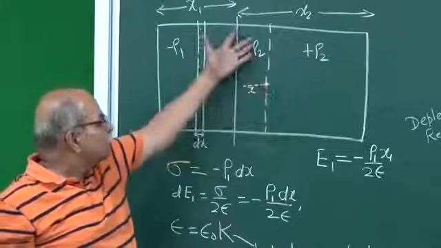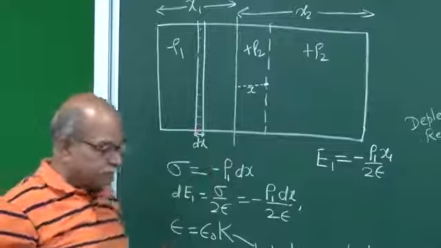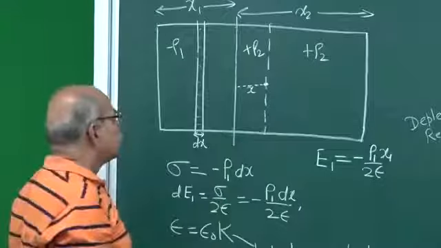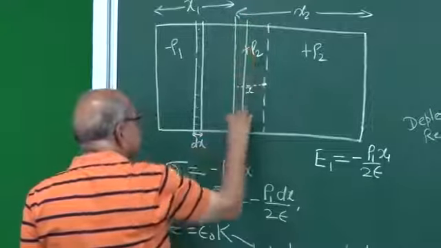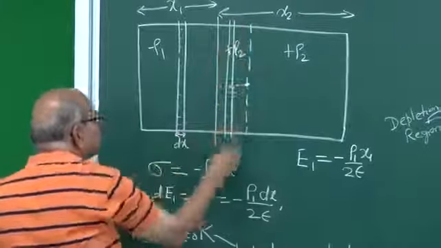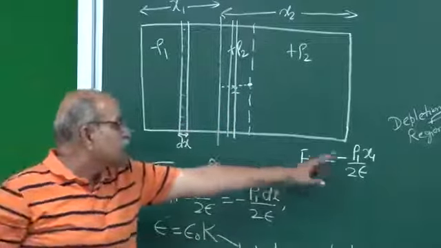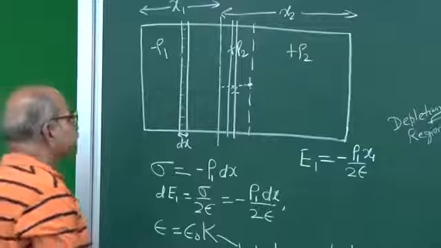Once again you can do a similar analysis, and here again you can take a small dx. By the way, this was negative charge, and so the electric field that we have calculated, we have put the minus sign here, so it is towards the left.